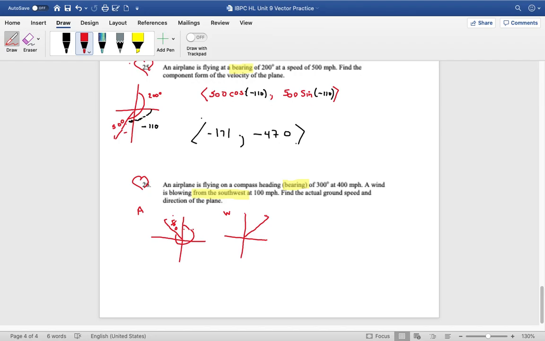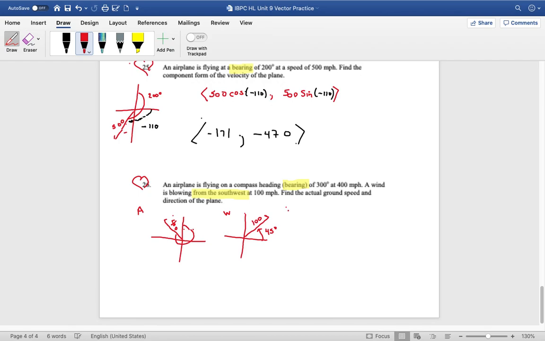So what's going on here? How fast is this? This is 100 miles per hour, right? And from the southwest, the nice thing that is very nice for a compass thing, what is this angle? I don't have to worry about bearing. This is 45 degrees, yes?